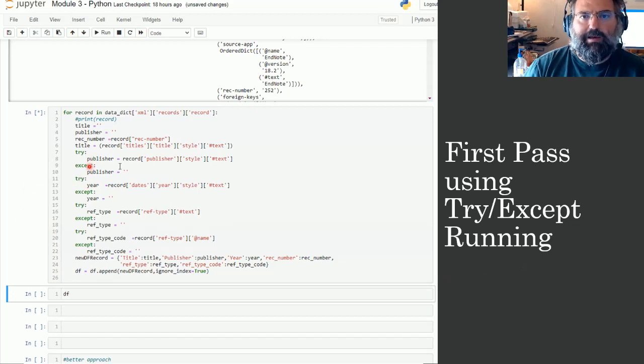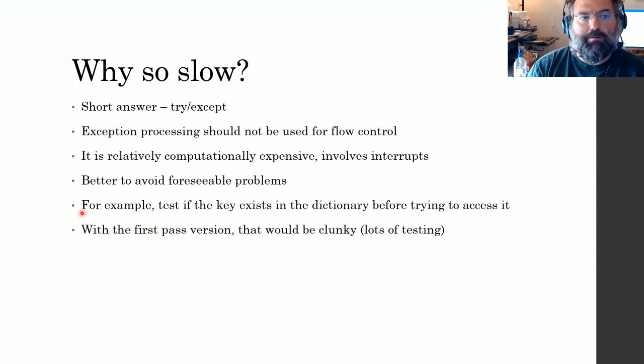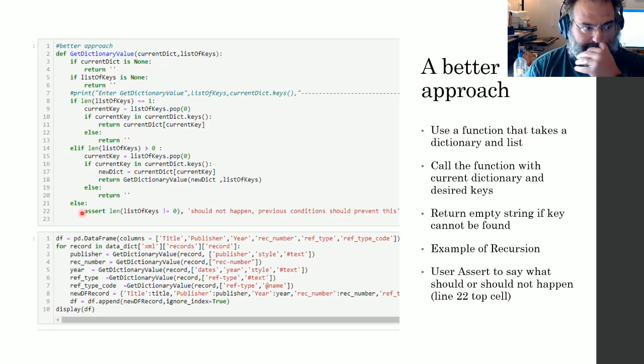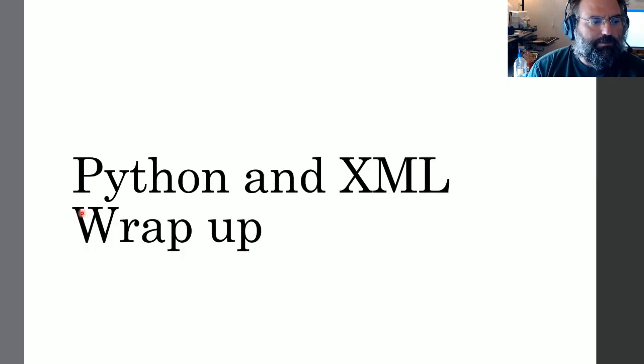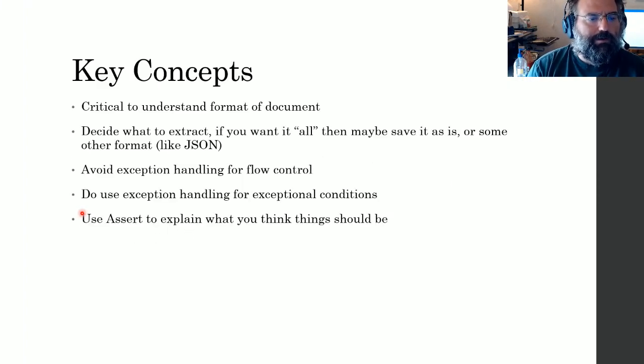This is really bad. Don't do it, in part because it can take a really long time to run. And that's because we're using try except for flow control. Never a good idea. A better approach is to check to see if a value is present before you try to use it. And that's what this function is doing. So that's pretty much XML.